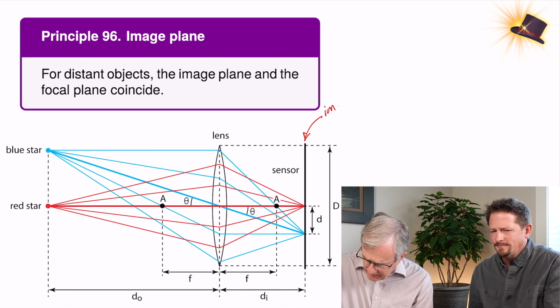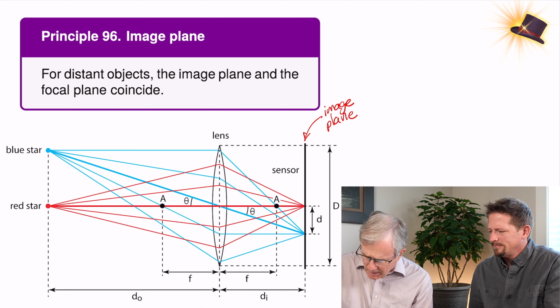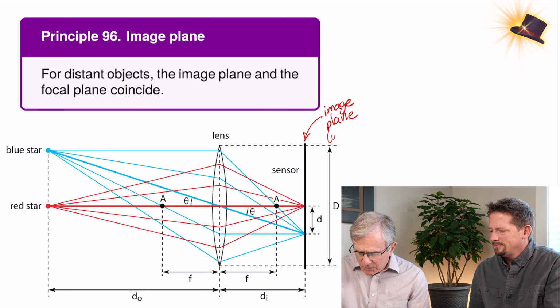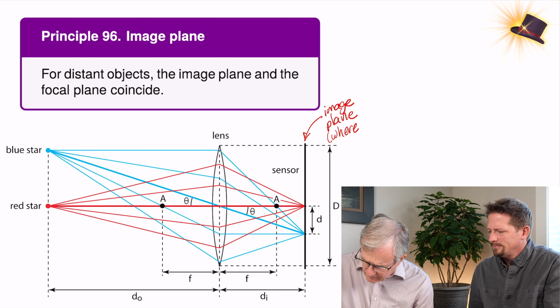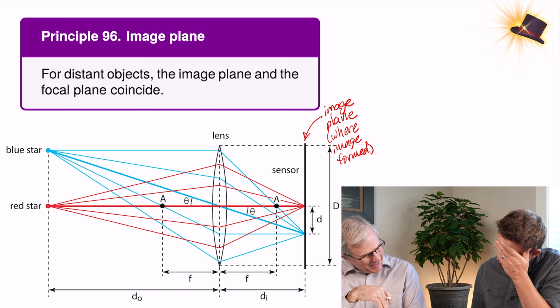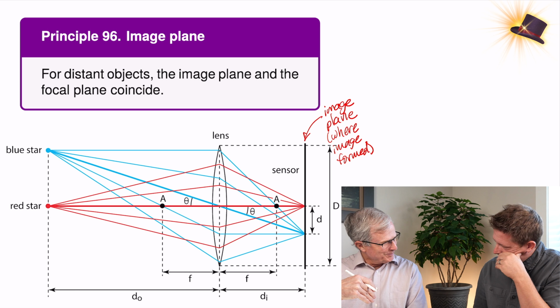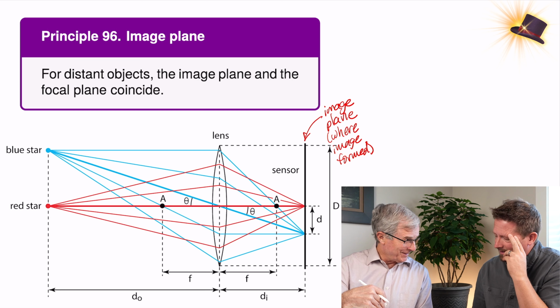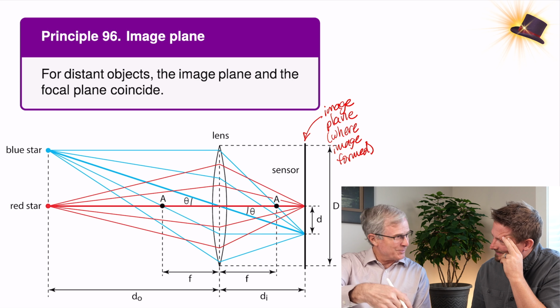The image plane is where the image is formed. And if you're focused, that image plane will be at your sensor.